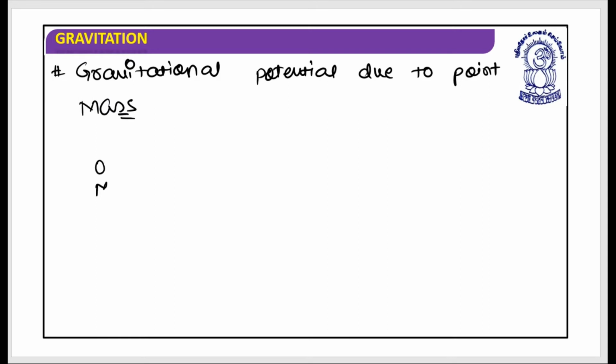This mass is here, this point P is here, this is the separation r. Please do remember this formula. V is equal to minus of G into M divided by r. This is the potential. I hope this is clear.